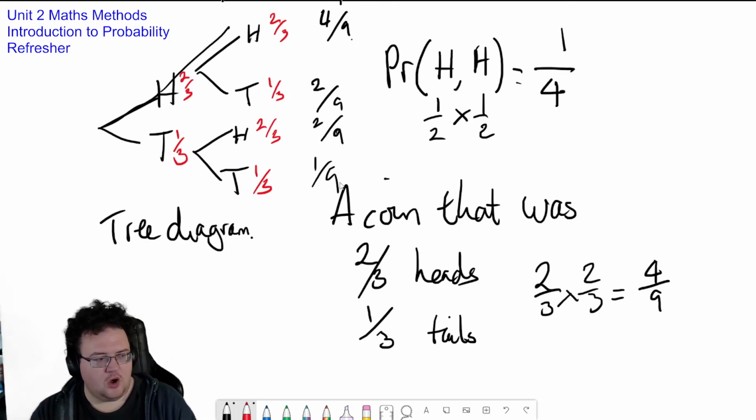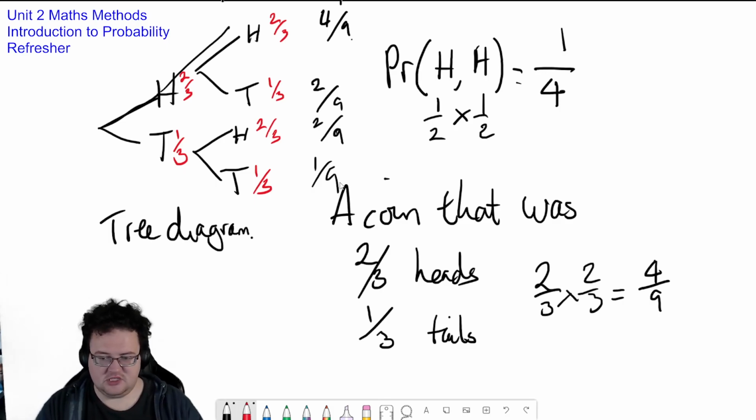And the same thing will work for any of these sort of tree diagrams, even if it's using different things. If I flip a coin and roll a 6-sided die, what is the probability that I will flip a heads and roll a 1? Tree diagrams are very good for mapping out a possible sample space.